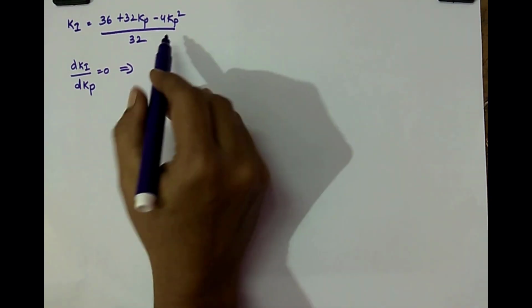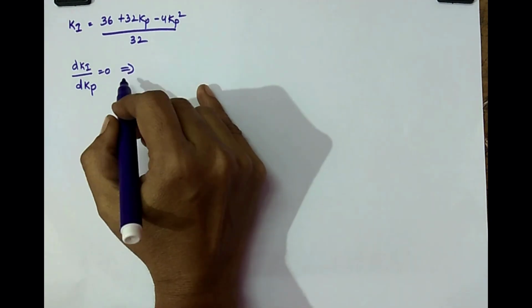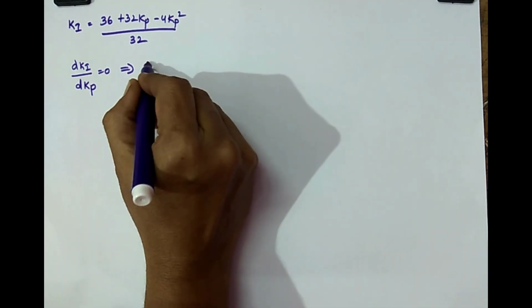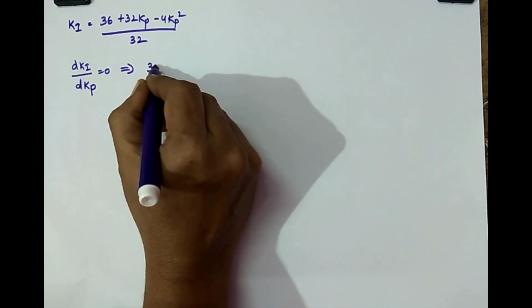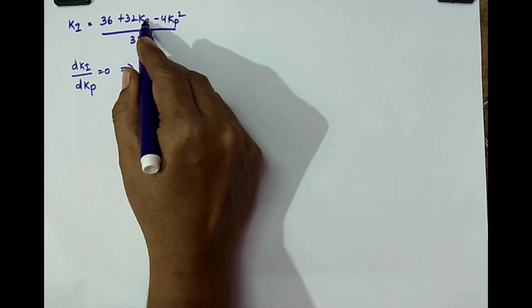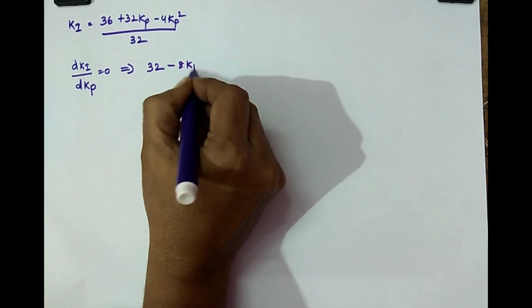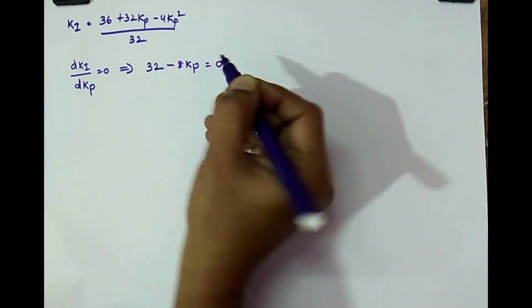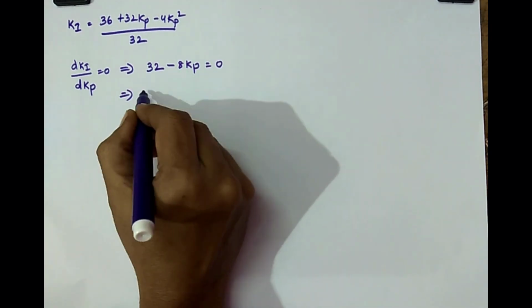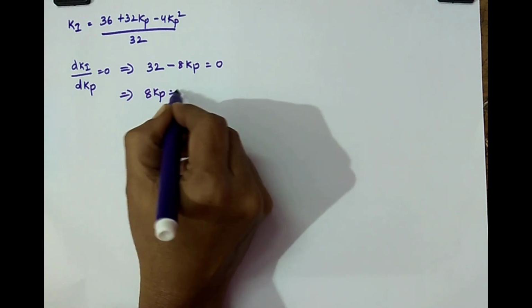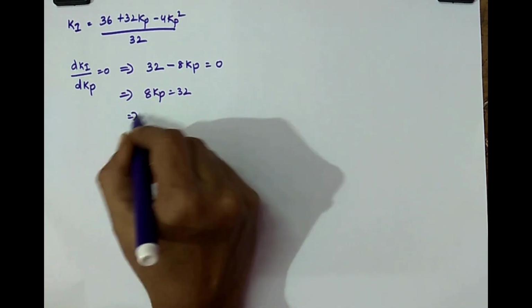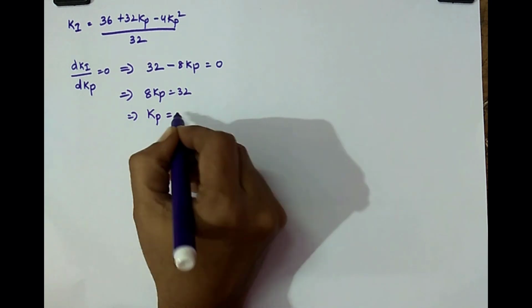So you have to do the differentiation of Ki with respect to Kp. You will get 32 minus 8 Kp is equal to 0, which implies 8 Kp equal to 32, so Kp is equal to 4.